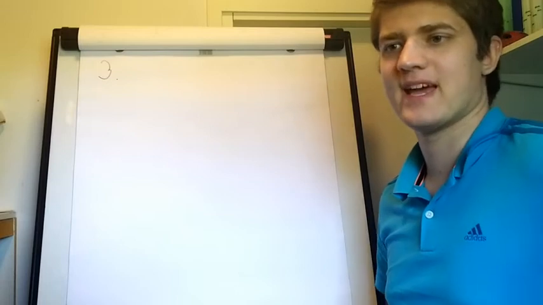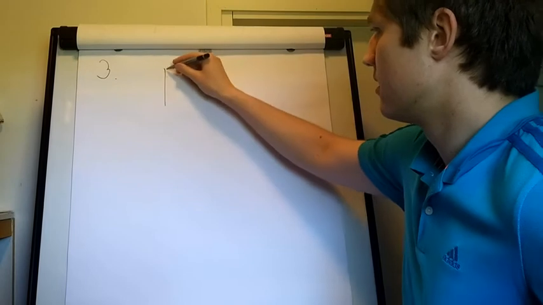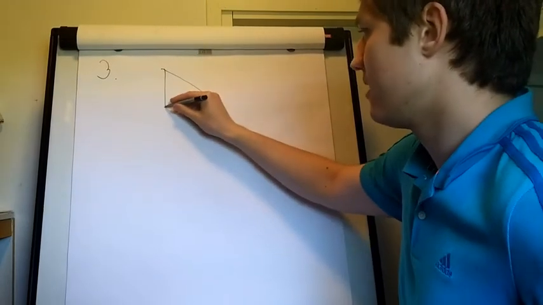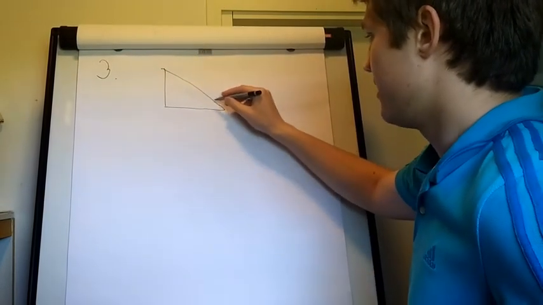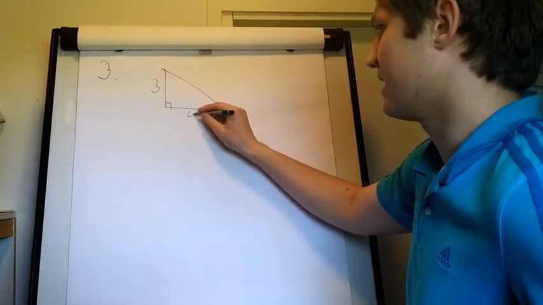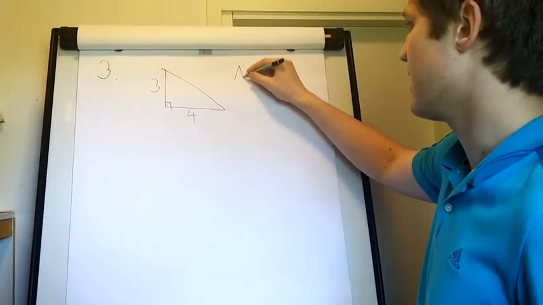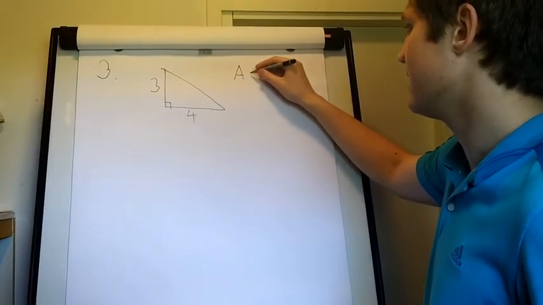Well, we can go for a guess. So let's start from the case where the angle between the side with length 3 and the side with length 4 is right. And in this case, the area is very easy to calculate.